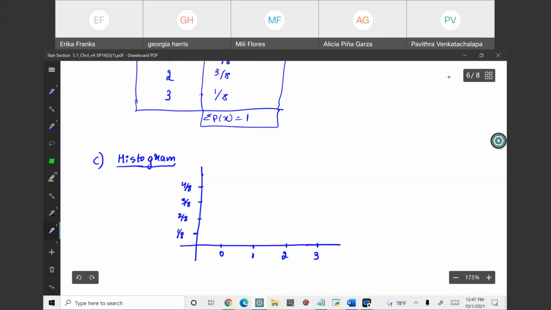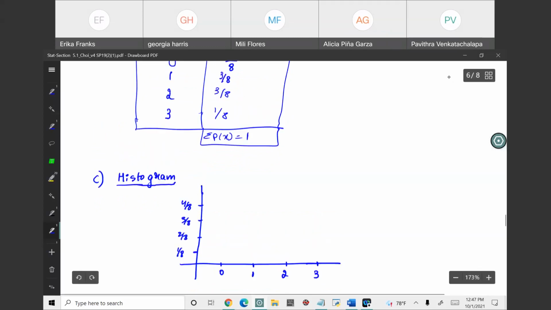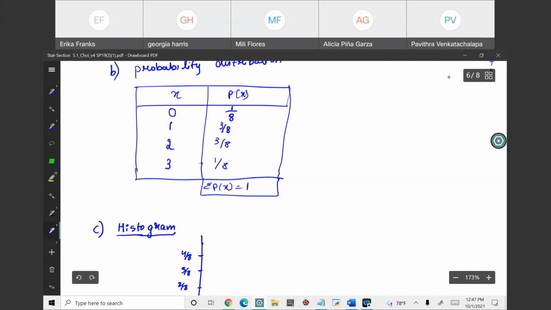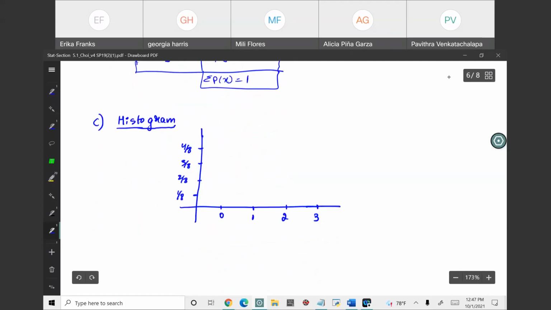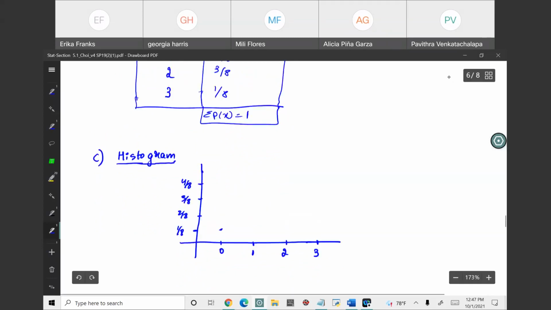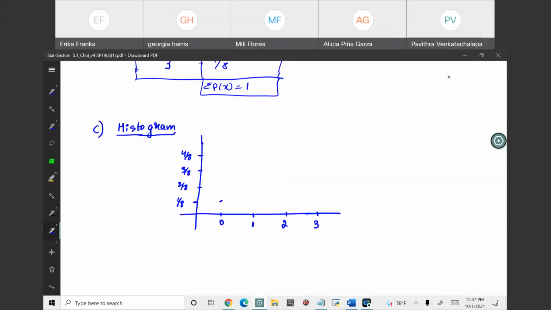Now, at 0, the value is 1 by 8, so my point is somewhere here. For 1, it is 3 by 8, so it has to be here. For 2 also it is 3 by 8, and for 3, it is 1 by 8.